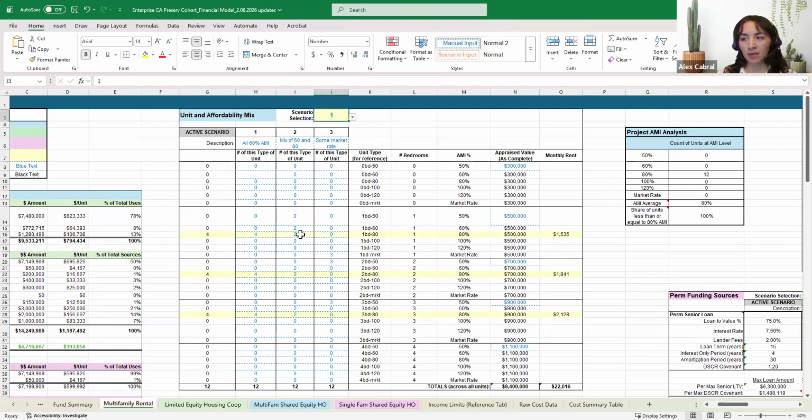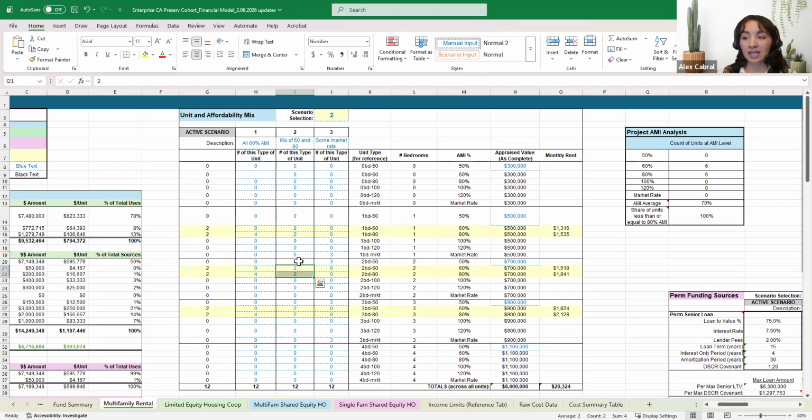Now you can see I already have scenario two filled in. I still have 12 units, but maybe I want a different affordability, and we'll get back to this in a second. But just to show you how the scenarios work, once I change it to scenario two and hit enter, my active scenario column updates to reflect whatever is in scenario two.